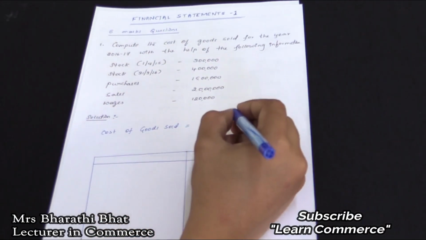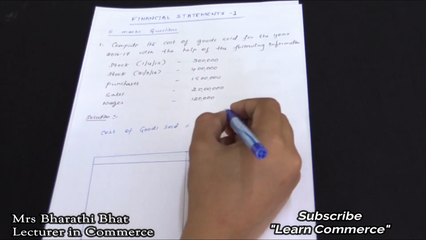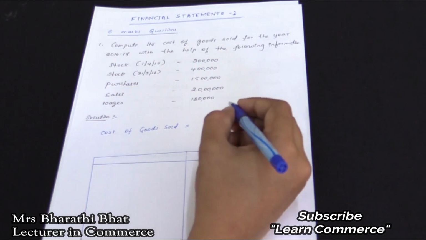By this information we should prepare the cost of goods sold. What is the formula if closing stock is given in the illustration?